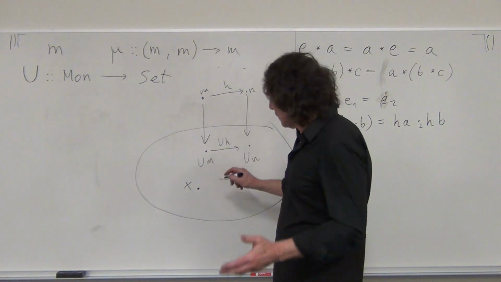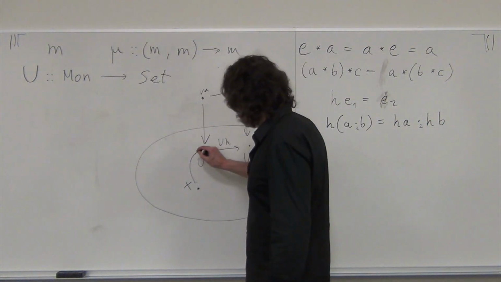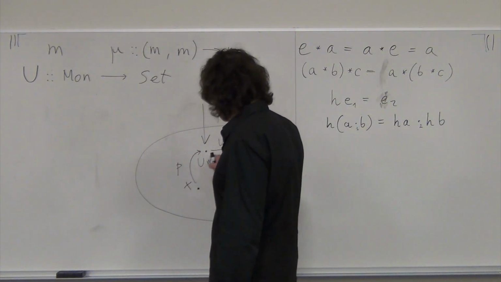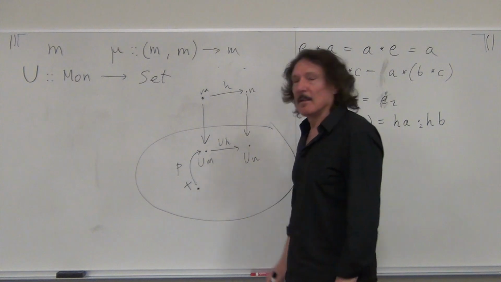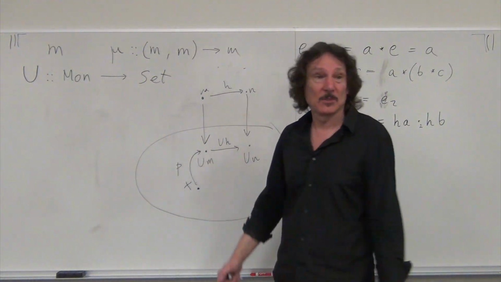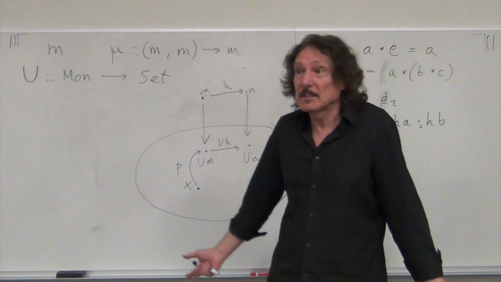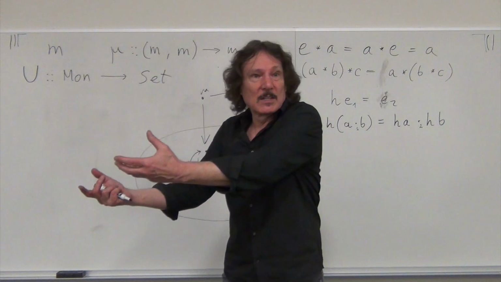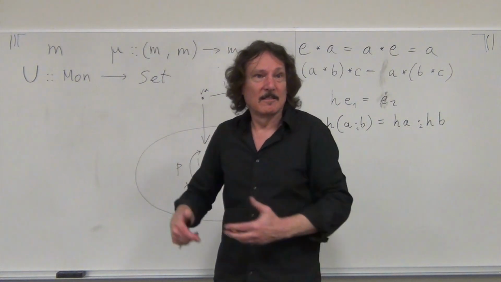But to first approximation, it's enough that we have a function here, let's call it p, from X to UM, right? And this function kind of embeds the set X inside UM, right? That's what a function does. It takes a set, puts it into another set, right?